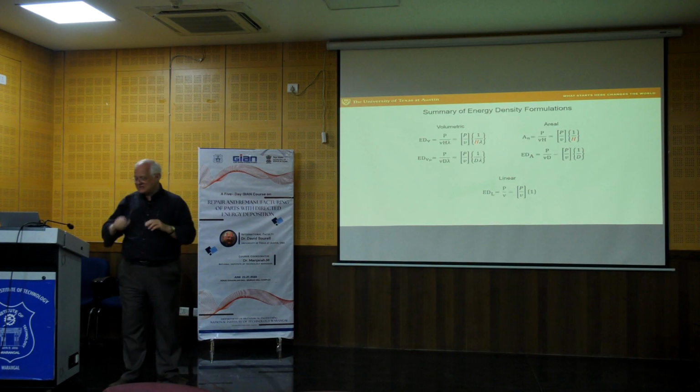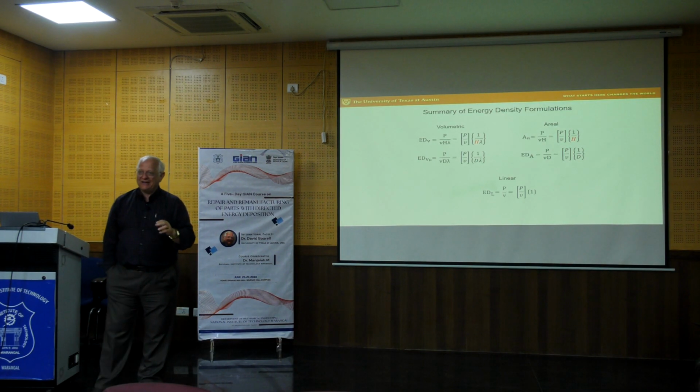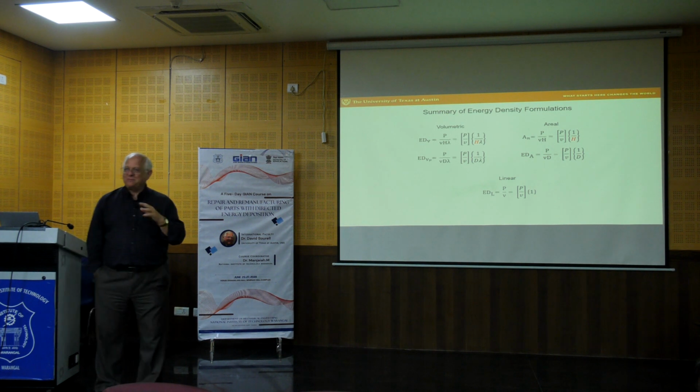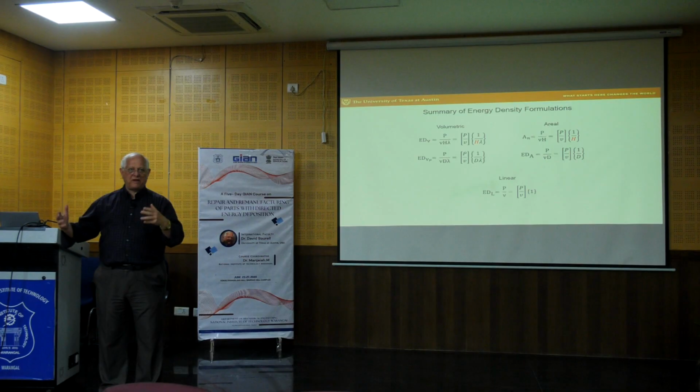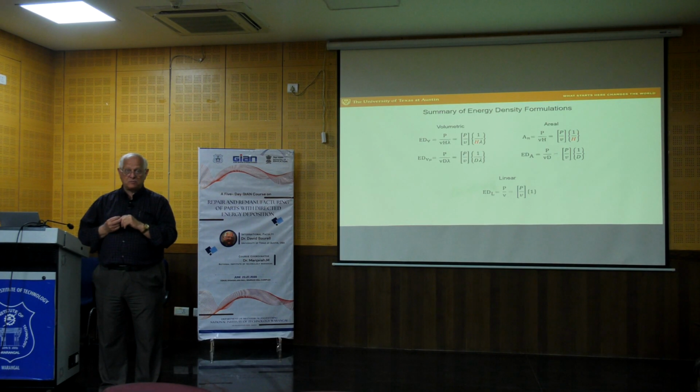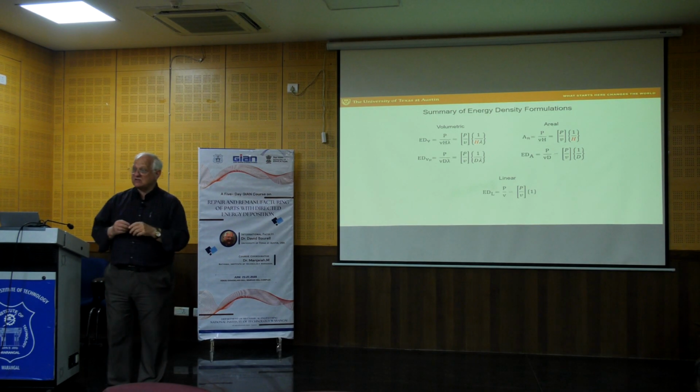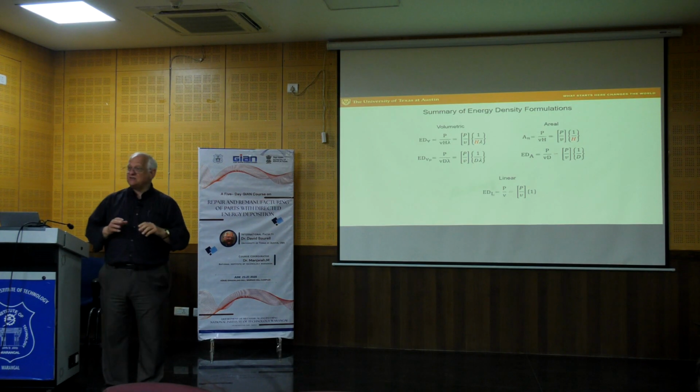So one impact of this is that you might be concerned, like I was at one point, about how we are going to deal with all these different forms in the literature. Well, it turns out that if the only things I vary are the power and the scan speed, which are the parameters easiest to vary, then it's fine. The beam size is almost never varied; D is pretty constant.